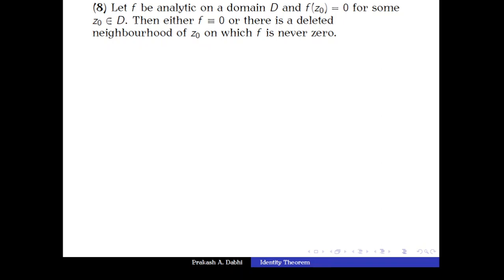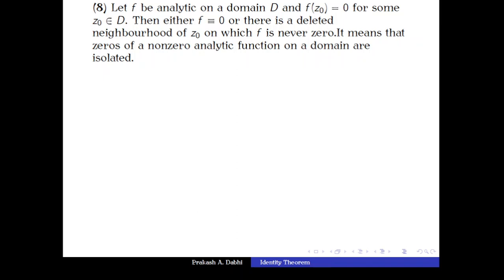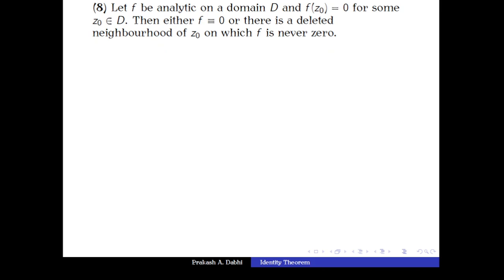So this statement can also be written in this way. It means the zeros of a non-zero analytic function are isolated. That is what the statement says. If f is not identically zero, and f(z0) equals 0, then there is a deleted neighborhood of z0 such that f is never 0 on this deleted neighborhood.